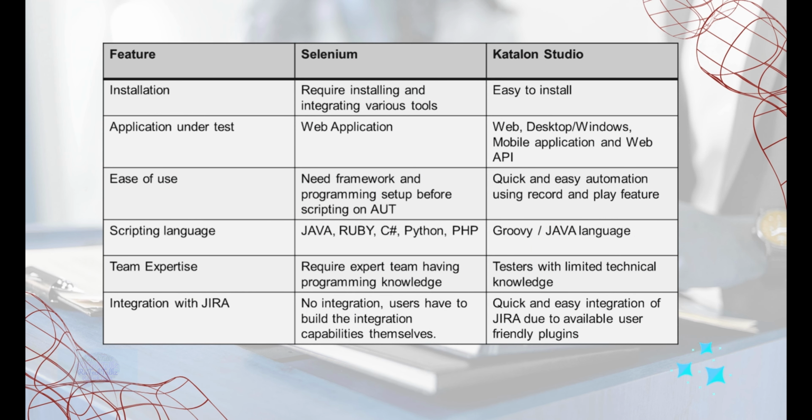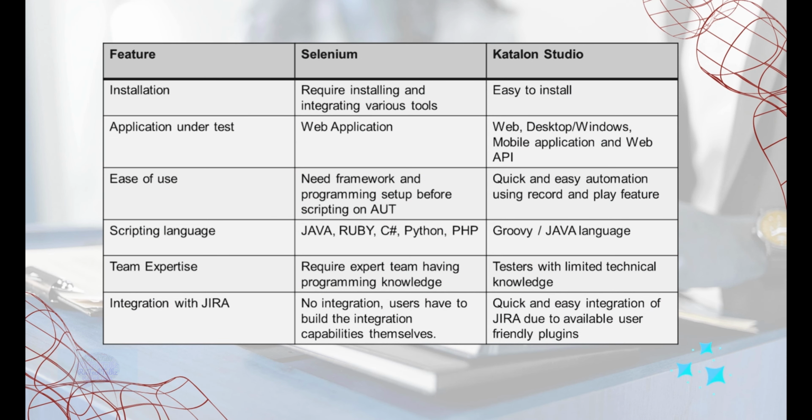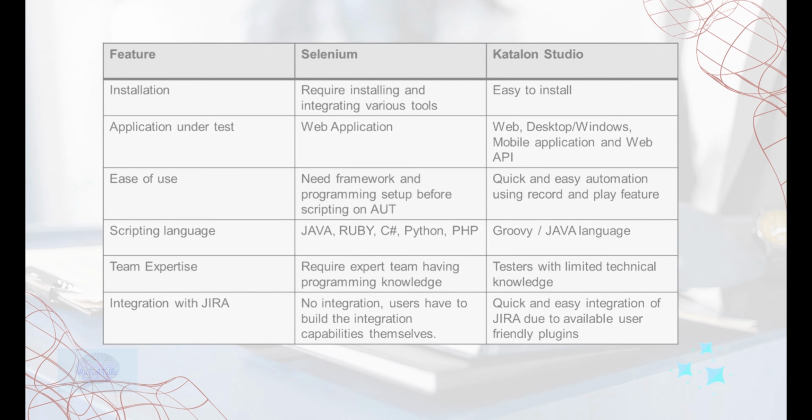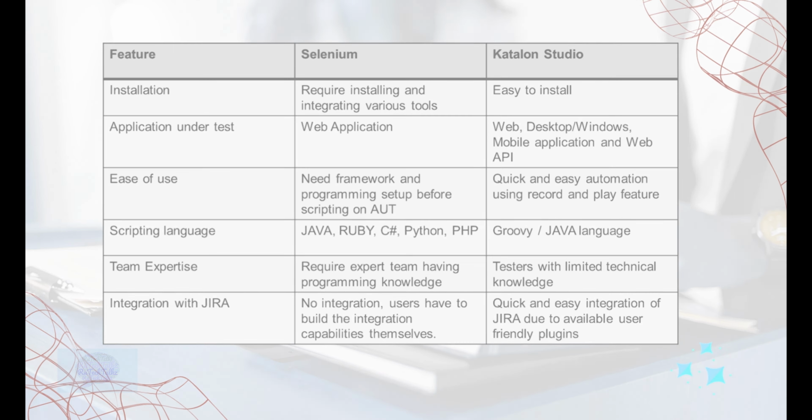How is the ease of use? Selenium needs framework and programming setup before scripting on the AUT, whereas in Katalon Studio, it's quick and easy to automate using the record and play feature.